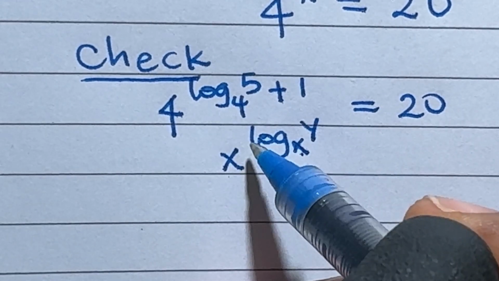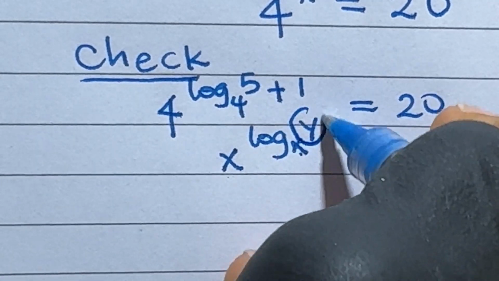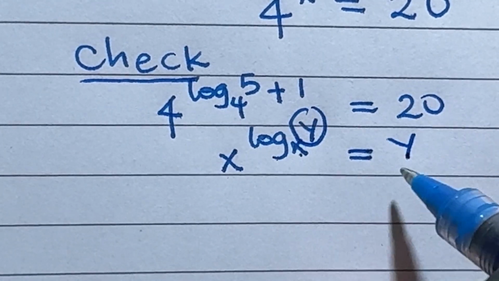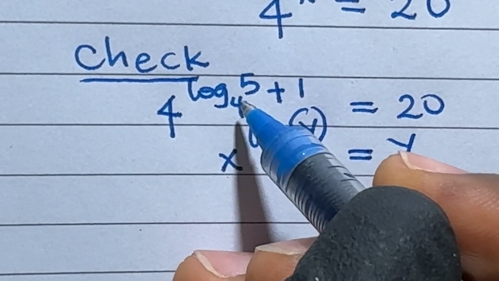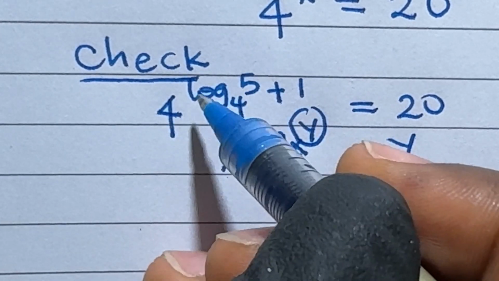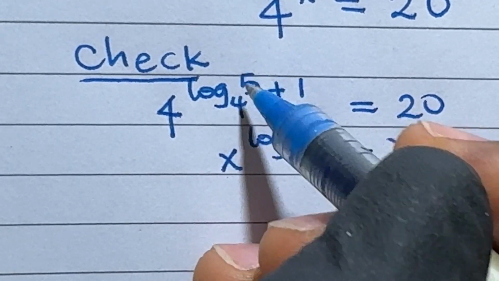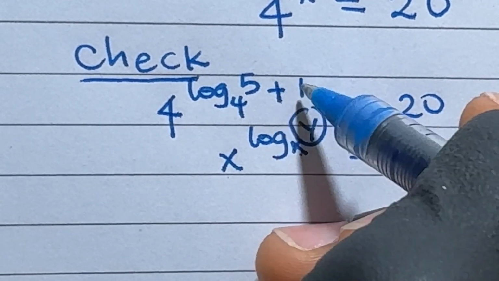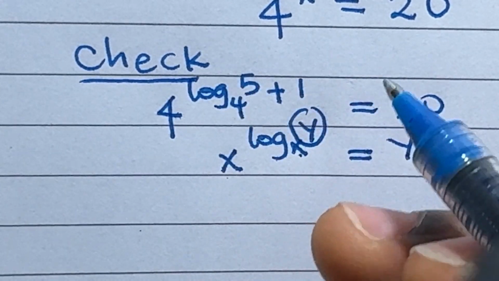As long as the coefficient is 1, the result is always this y here. It's a known law in logarithm. This simply means that for this first part, 4 raised to power log 5 base 4, the result will be 5.